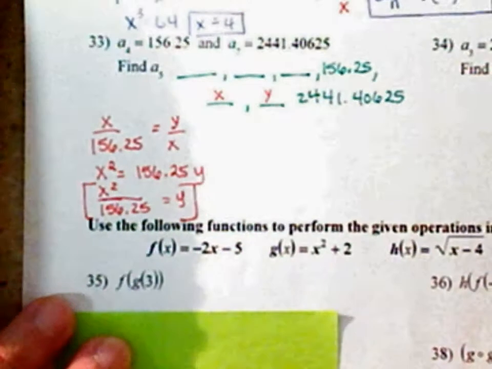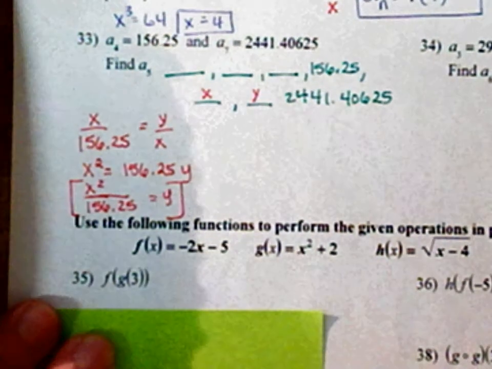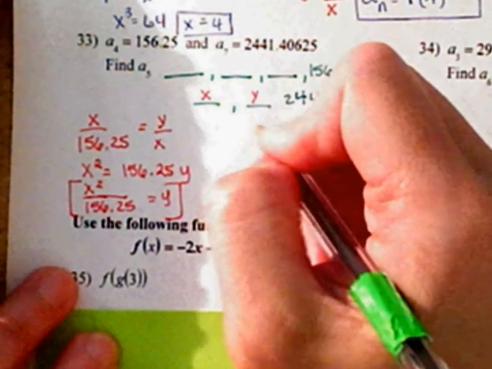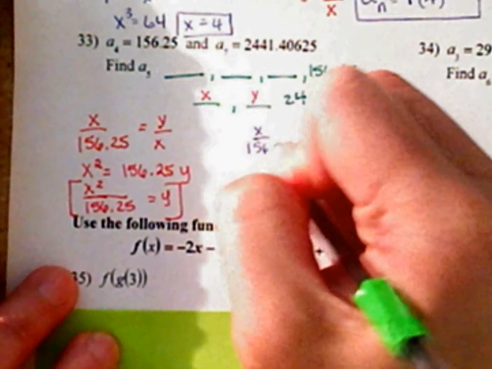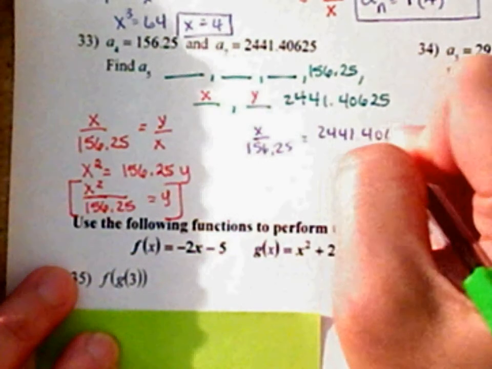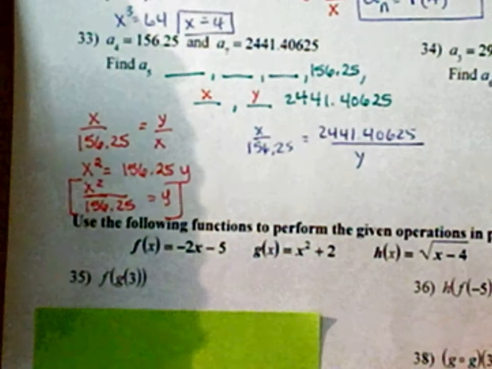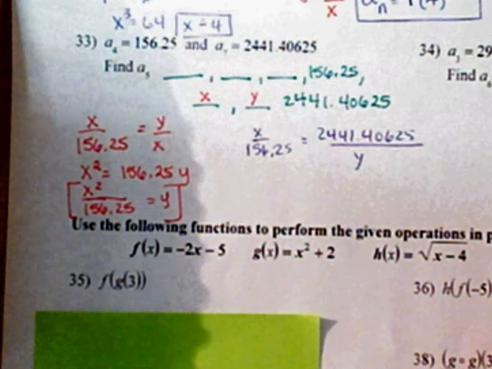All right. Set the second one up the same way. Okay. X over 156.25 is equal to 2441.40625 divided by Y. Do not round these just yet. If you round them, you're not going to get the same answer. Okay?